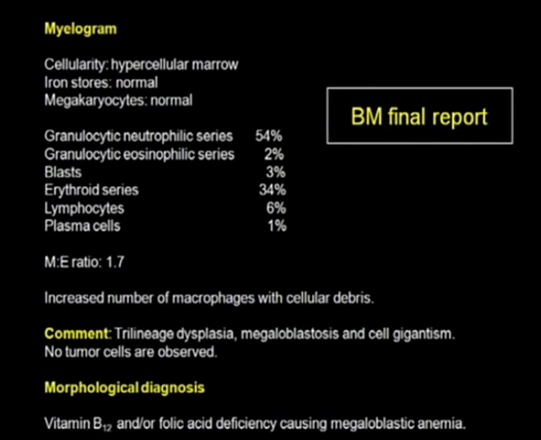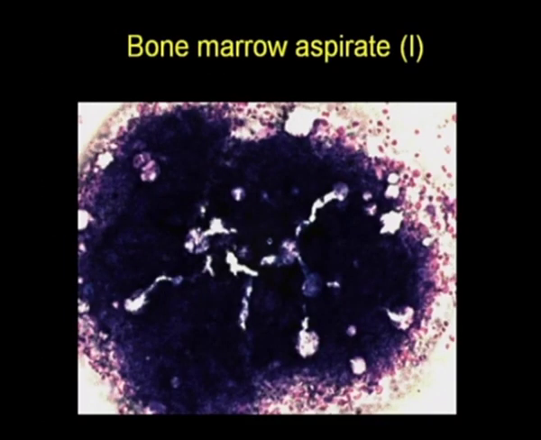And finally, the morphological diagnosis. This was fitting with the morphological aspect of vitamin B12 or folic acid deficiency causing megaloblastic anemia. I underline that the MCV was normal, but when we perform the myelogram, we have to conclude with the morphological diagnosis.